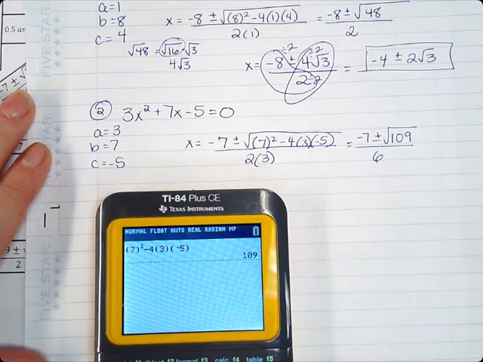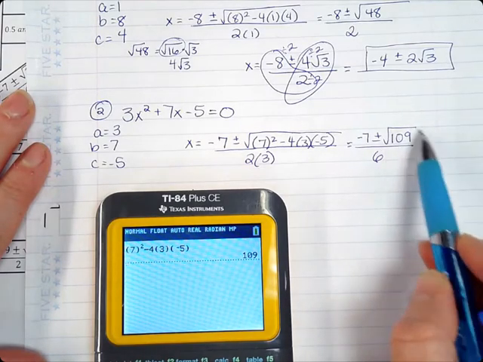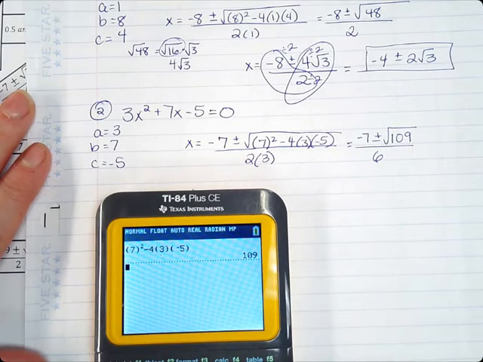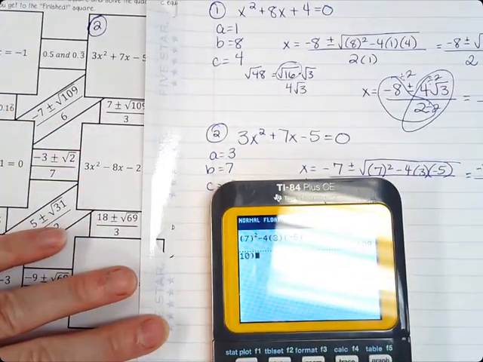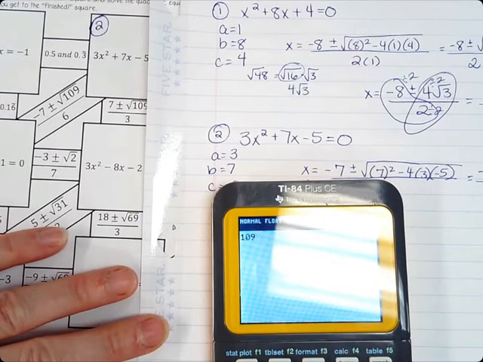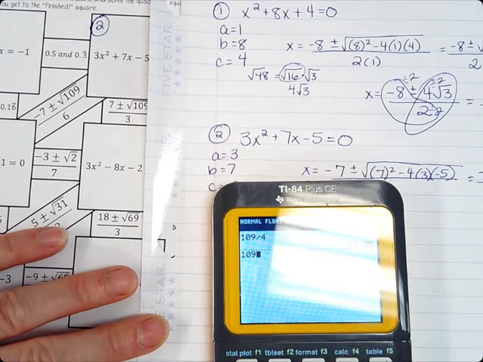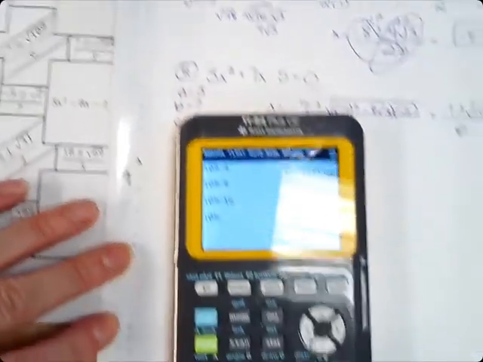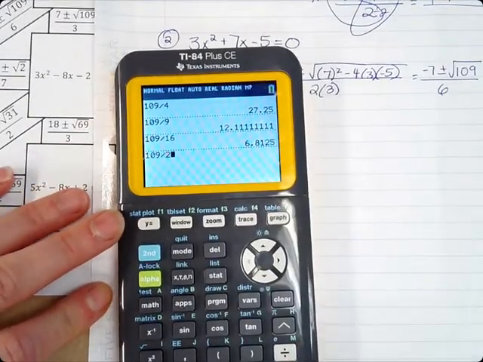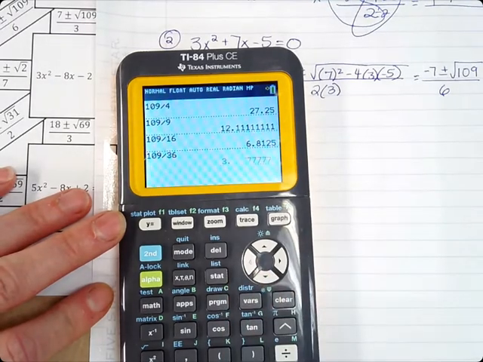And then you need to see if there are any perfect squares that evenly divide 109. 109 divided by 4, 109 divided by 9, 109 divided by 16, 109 divided by, well, 25, we know that's not true. 36 is the next one. 109 divided by 49, we know that's not going to be true either.